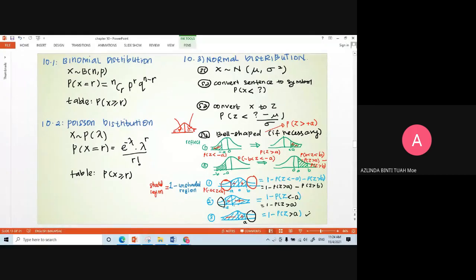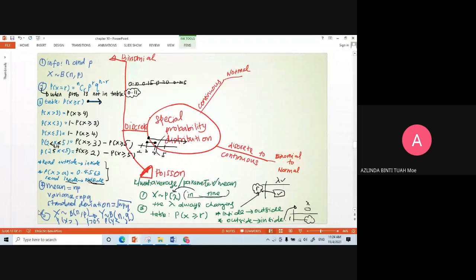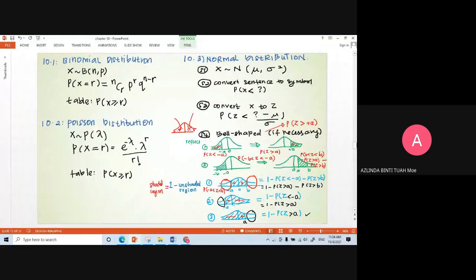Okay, itu summary untuk bell shape. Boleh so far? Boleh, madam. Okay, so selepas dah dapat semua dalam bentuk greater than, positive value, then we can proceed with table.